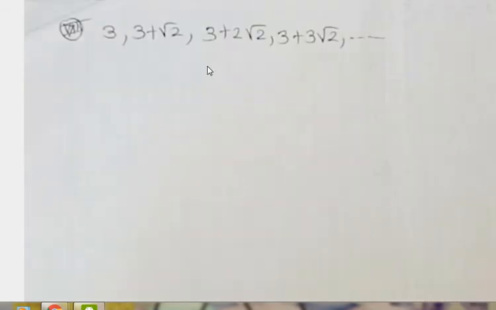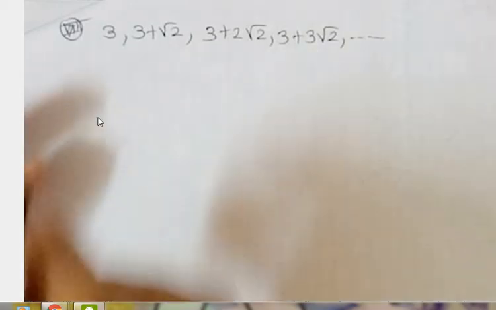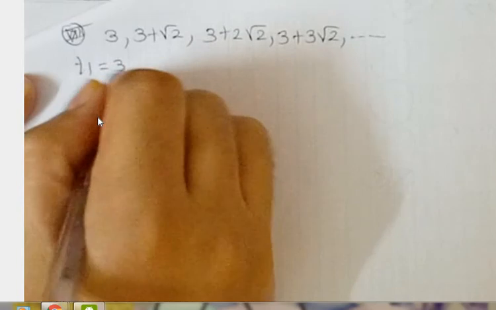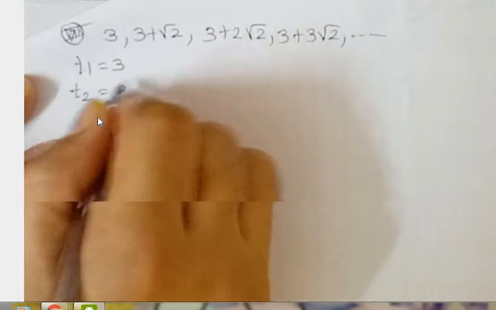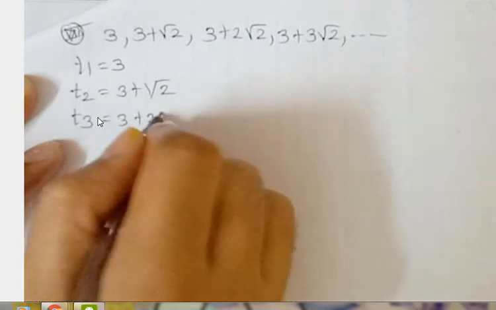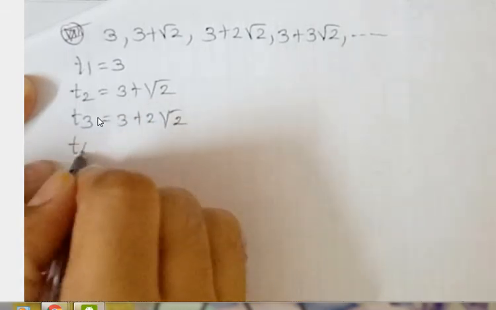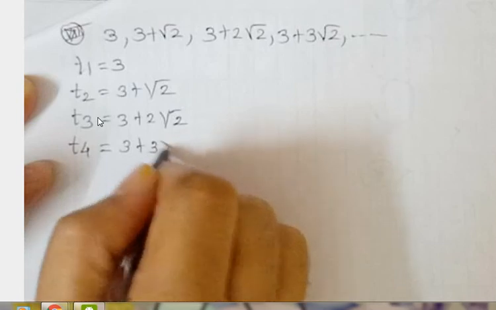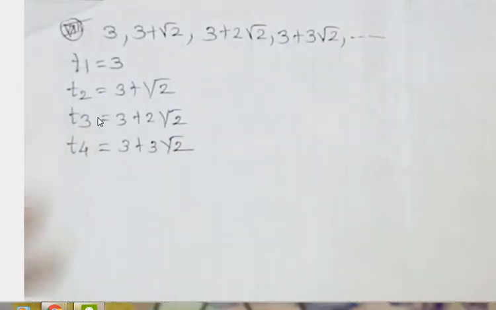Now the next question is 3, 3 plus root 2, 3 plus 2 root 2 and 3 plus 3 root 2. Here t1 is equal to 3, t2 is equal to 3 plus root 2, t3 is equal to 3 plus 2 root 2 and t4 is equal to 3 plus 3 root 2.